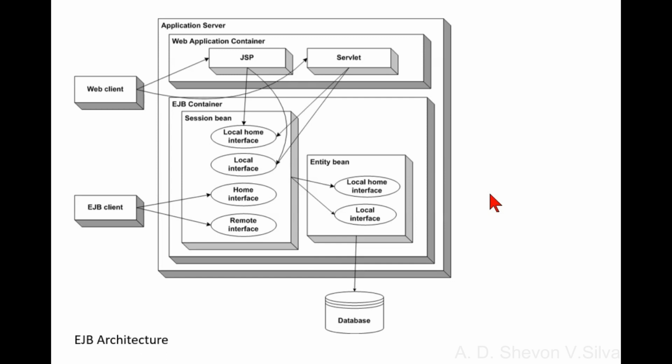Using the local interface can improve performance. If an EJB component is not meant to be invoked directly by a client application, you can include local interfaces for the component.